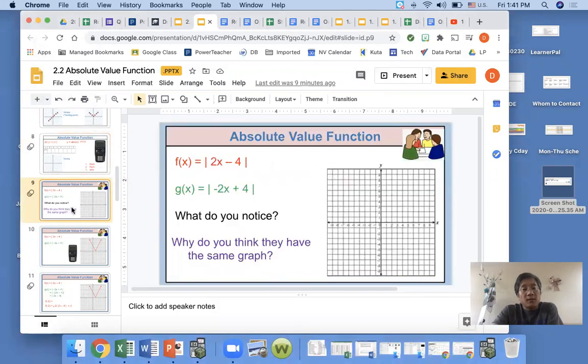Then we assigned a discussion in Google Classroom. I want you to think about this. Look at f of x equals absolute value of 2x minus 4. G of x is absolute value of negative 2x plus 4. Now, can you try both graphs in your calculator? I want you to see what's happening in the graph.